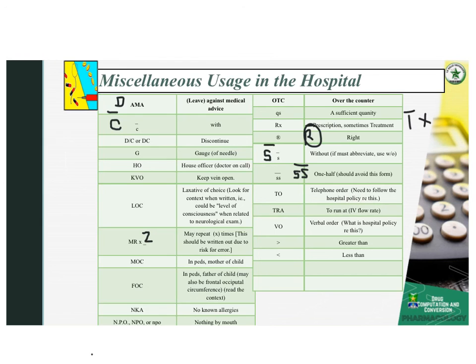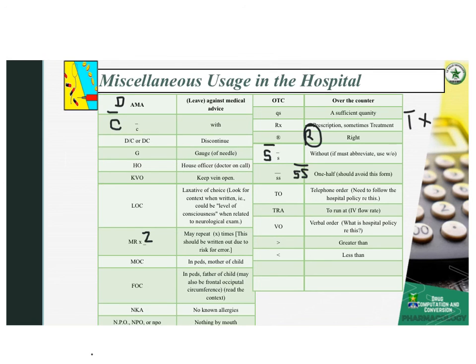Dapat kung unsa tong giingon niya, ibutang ninyo sa chart. Dili pwede kulang, dili pwede punan. And then, if available na si doctor, let the doctor countersign it. Also include in the verbal order or in any telephone order the signature of the nurse. So, signature ni doctor and then signature pa ni nurse.